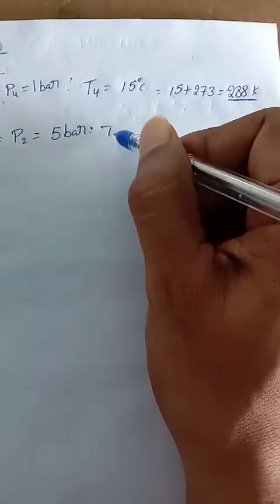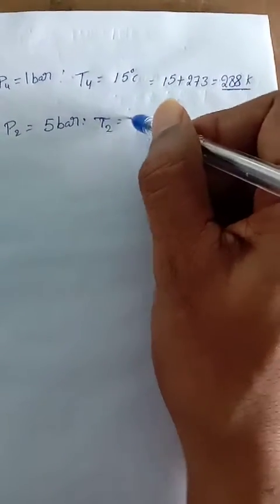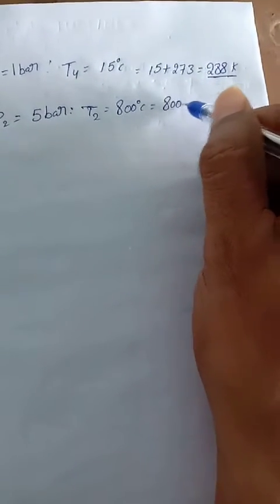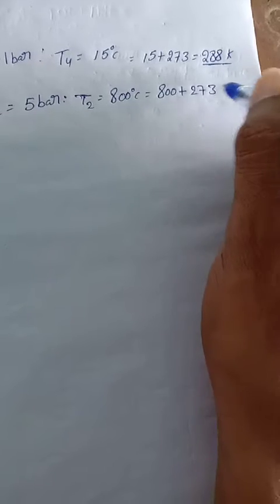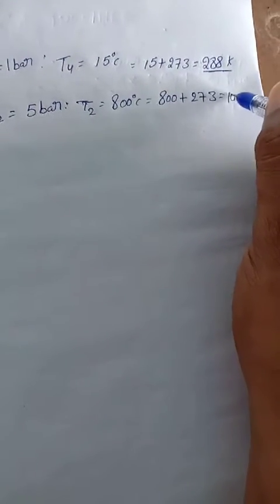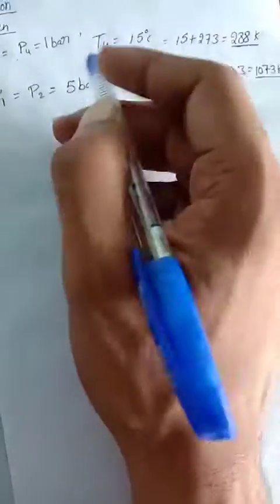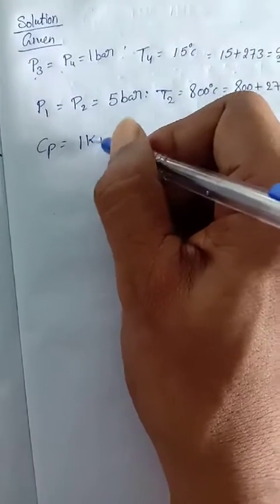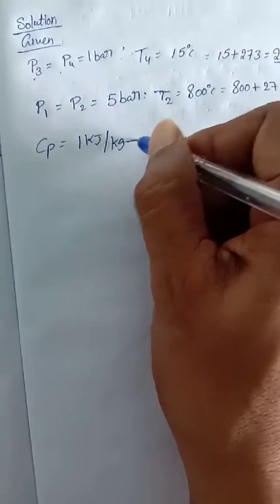Okay, so T2 is equal to 800 degrees Celsius. So 800 plus 273, that is equal to 1073 Kelvins. Okay, and now here Cp. Cp is equal to 1 kilojoule per kg Kelvin.